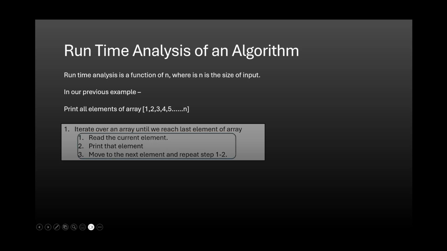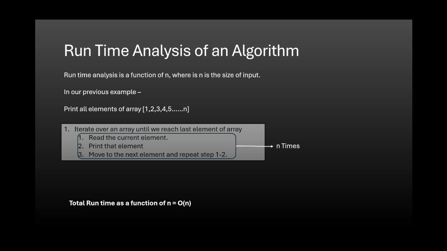If we look closely, these three steps will run n times, where n is the total number of elements present in the array. So the total runtime of the function is O of n. The runtime analysis is computed as a function of n, where n is the size of the input, and O is called big O notation.